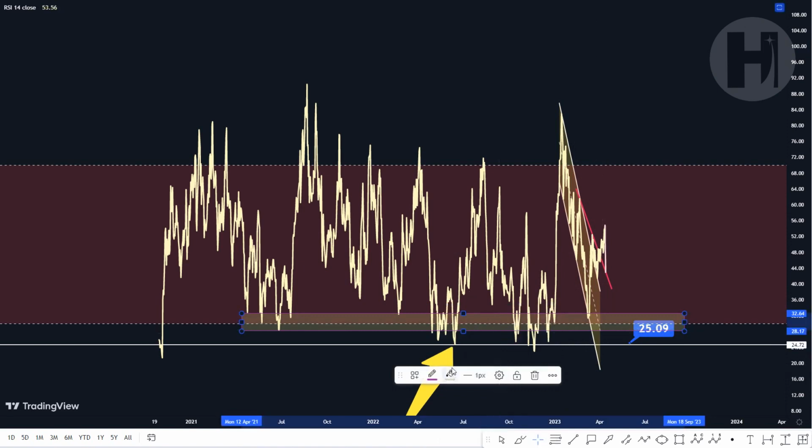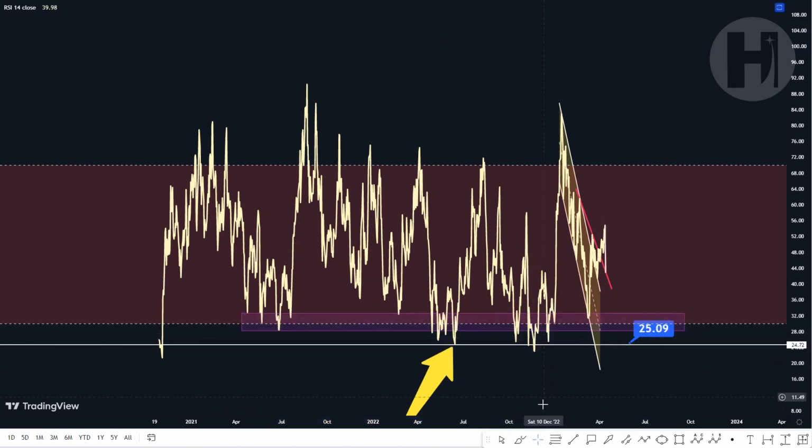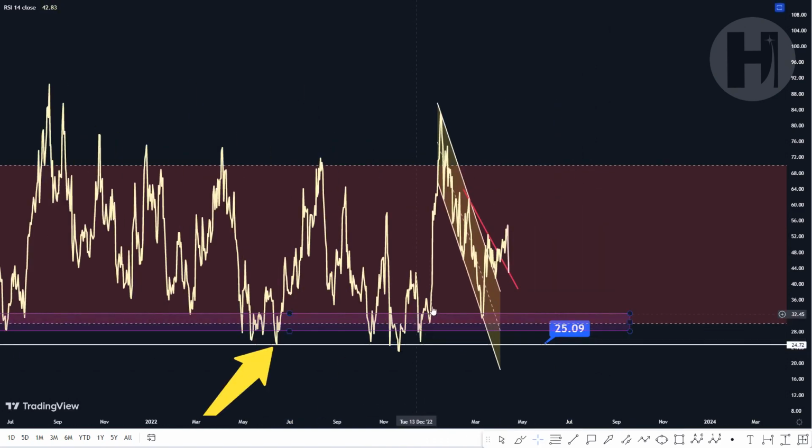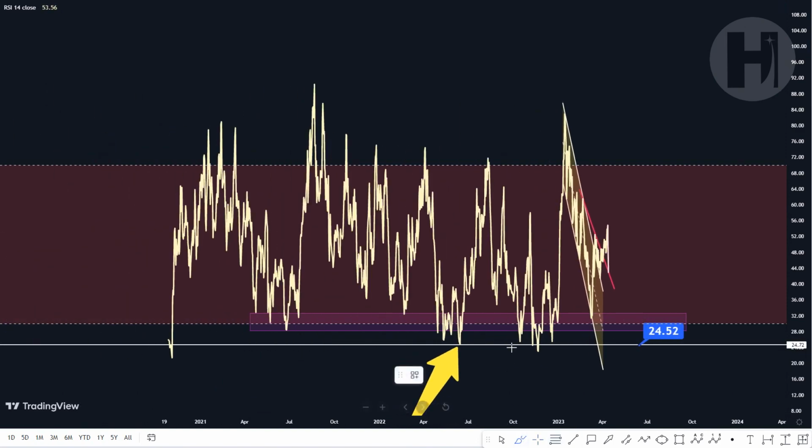Okay, what's going on here? There we go. So once you enter that purple support block, you tend to see a move to the upside, and you have your emergency support block down below here, as you can see, at 24.5 roughly. And every single time you touch that area, you have a major retracement to the upside.